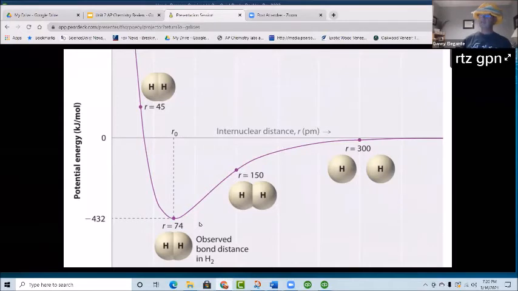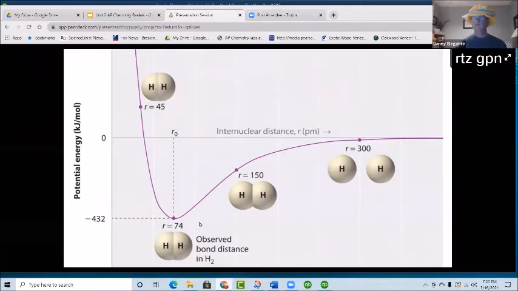So at the far right-hand side of the graph, the attraction is greater than the repulsion. At the far left-hand side, repulsion is greater than the attraction. And then at that sweet spot there at the bottom of the dip, where R is equal to 74, we call that the bond length or bond distance.